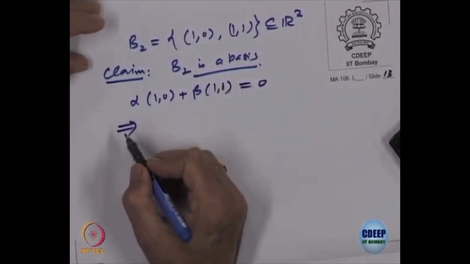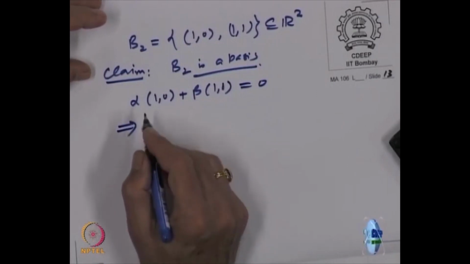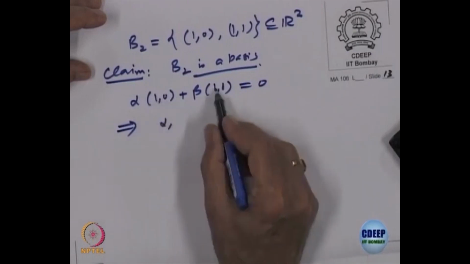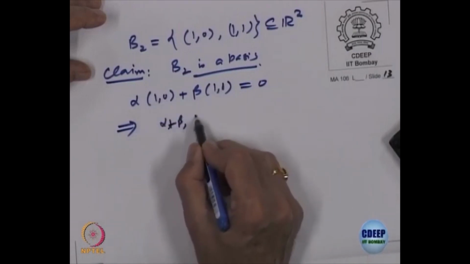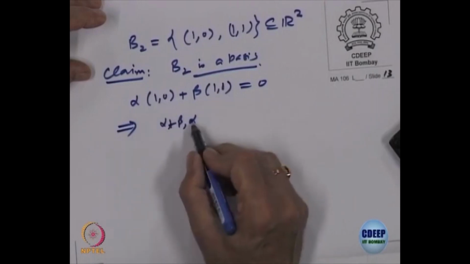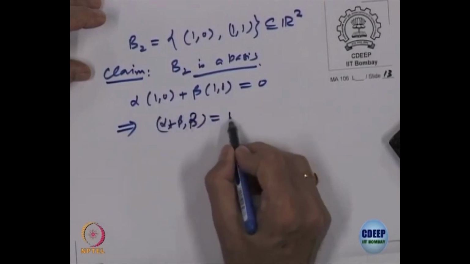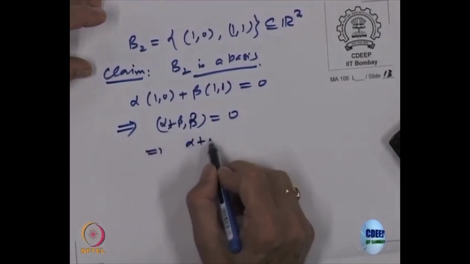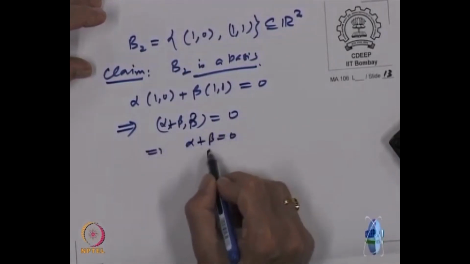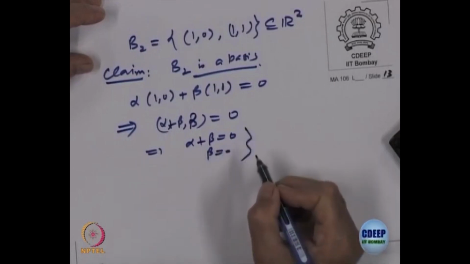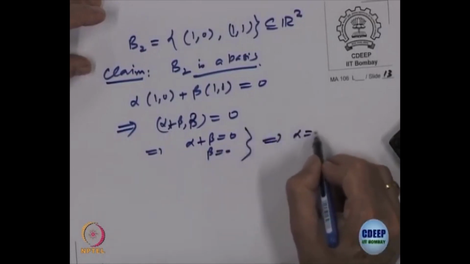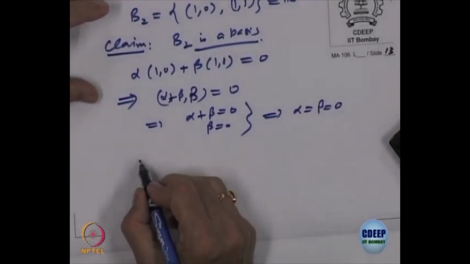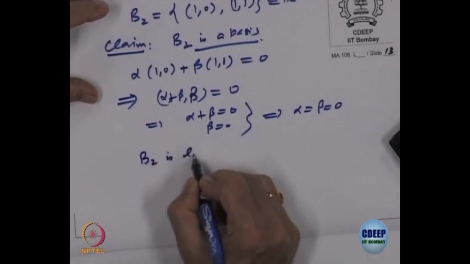A linear combination equal to 0 implies (alpha plus beta, beta) is equal to (0, 0). So, alpha plus beta is equal to 0 and beta equal to 0. That implies alpha equal to beta equal to 0. So, the set B2 is linearly independent.